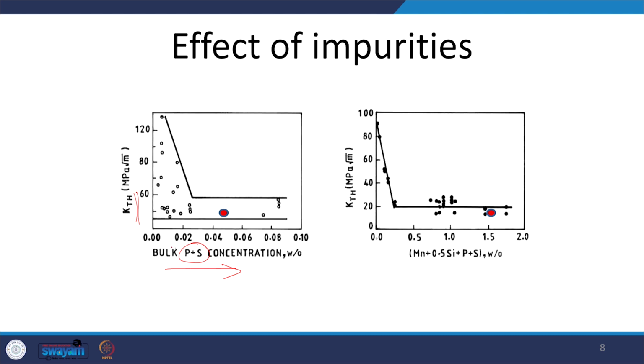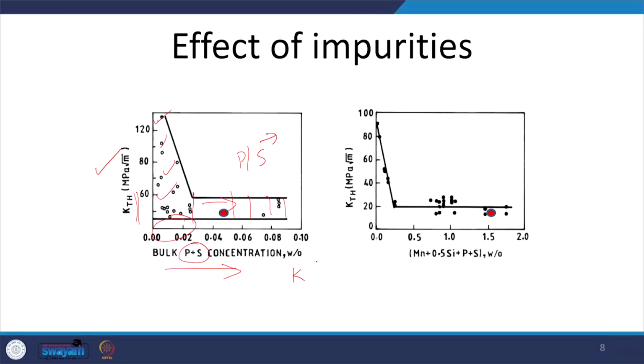When the cumulative percentage of the phosphorus and sulfur is lower, the stress intensity factor KTH is significantly high as compared to the case when the concentration of these impurities is high.